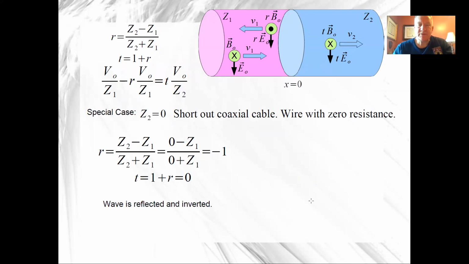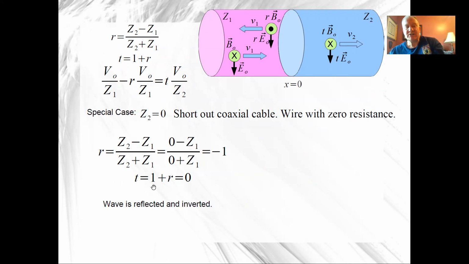Okay, so let's take a couple special cases. Let's short out the coaxial cable. We're just going to put a wire across it with 0 resistance. In that case, we have whatever Z1 is, but Z2 is going to be 0. So we end up with minus Z1 over plus Z1, which is minus 1.